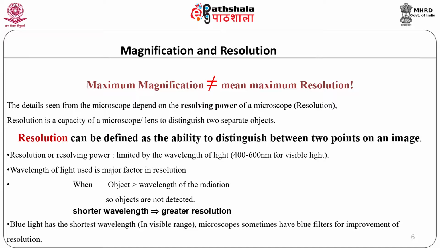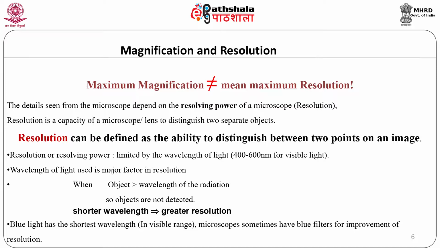Therefore, resolution can be defined as the ability to distinguish between two points on an image. This resolution or resolving power of a microscope is ultimately limited by the wavelength of light, which is 400 to 600 nanometer for visible light.